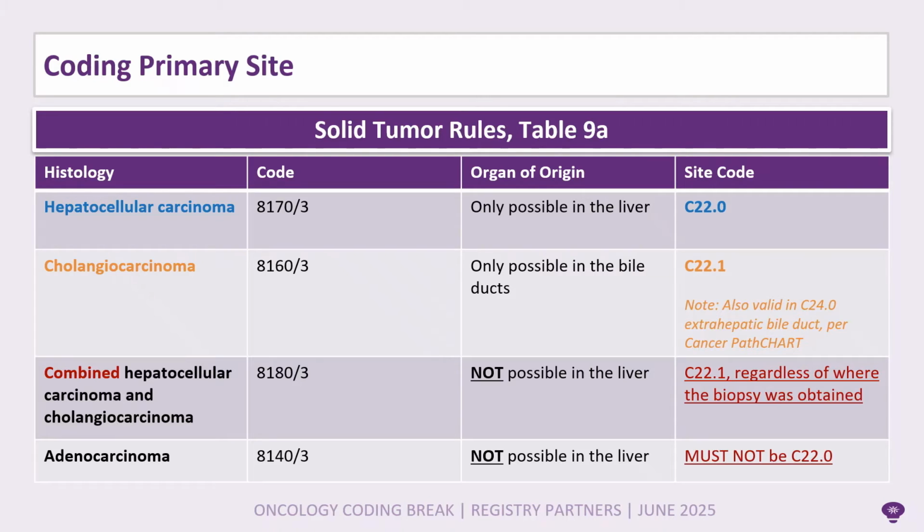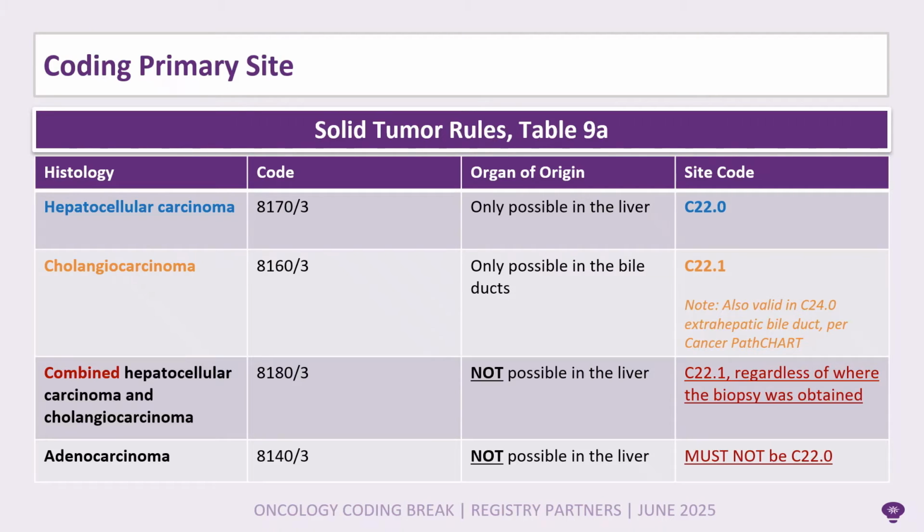So the site code is typically C22.1, that's the intrahepatic bile ducts, but of a side note here, 8160/3 is also valid in C24.0, the extrahepatic bile duct, per cancer path chart.